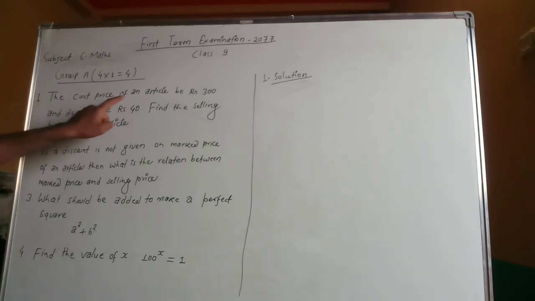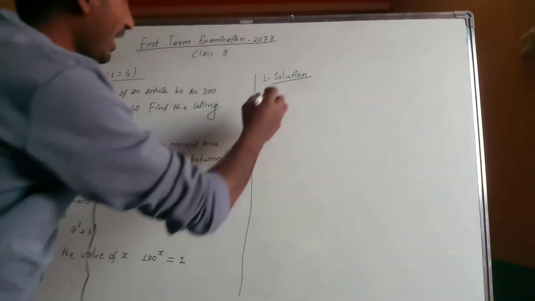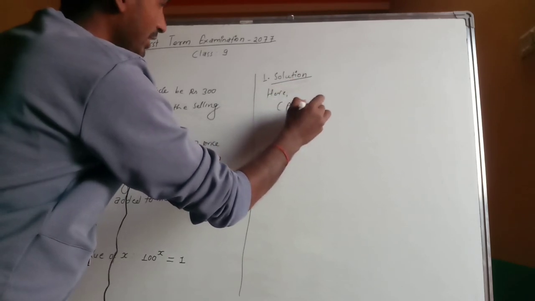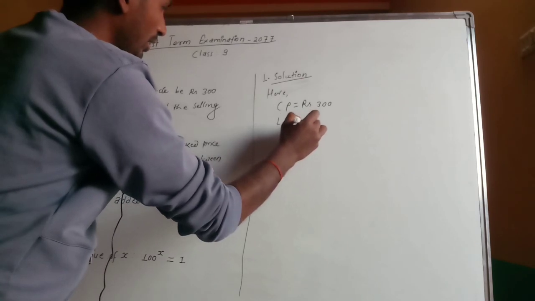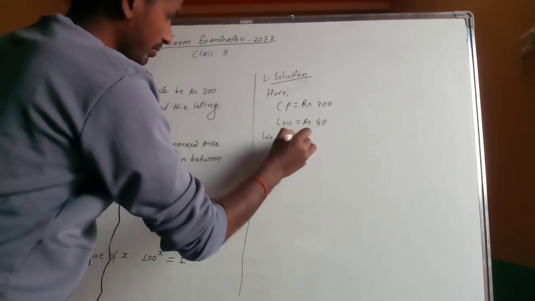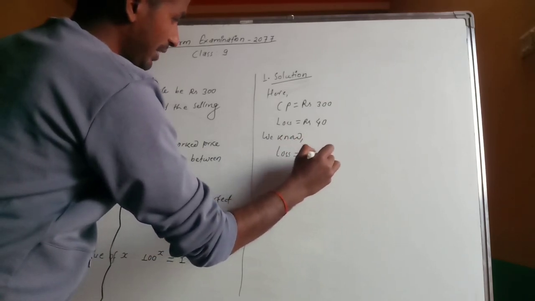The cost price of an article is Rs 300 and its loss is Rs 40. Find the selling price of that article. CP equals Rs 300, loss equals Rs 40. We know loss equals CP minus SP.